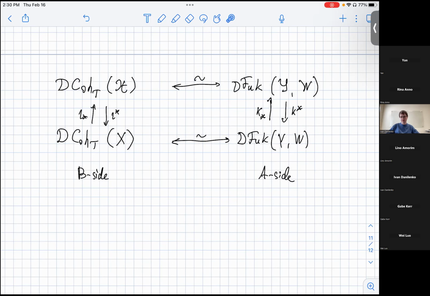I'm not sure that is the case because these two localizations are different. In localization of categories, you allow some morphisms to be invertible, and here I allow some elements in the ground field to be invertible, and it only gives isomorphisms in K theory, not on the derived level, to the best of my understanding.